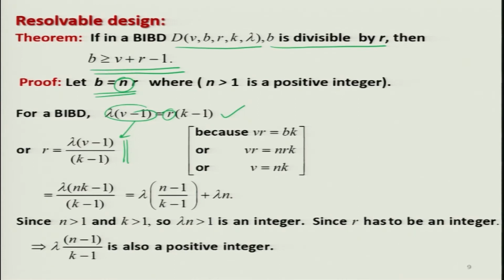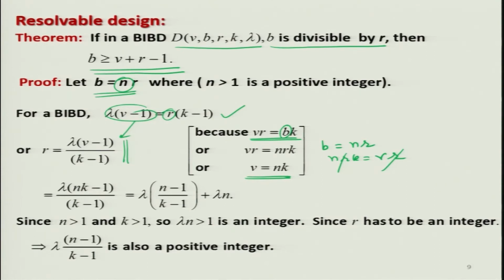And now you have the condition VR is equal to BK, or BK equal to VR. Now you are assuming that B is expressible as NR, so you can replace this B and write NRK is equal to VR. Right, then R will get cancelled out and we get V is equal to N times K.